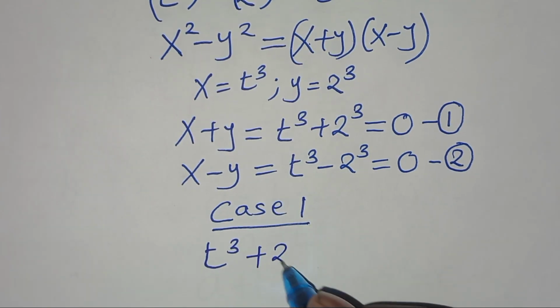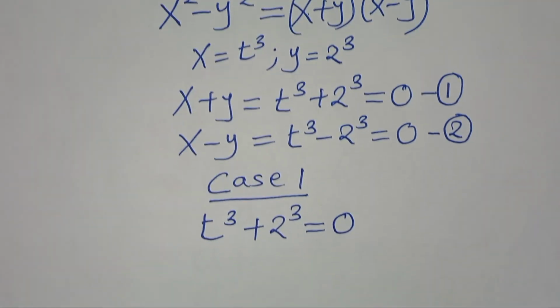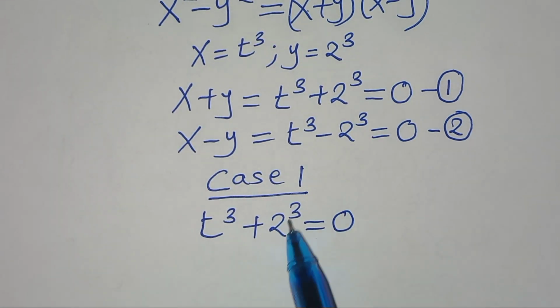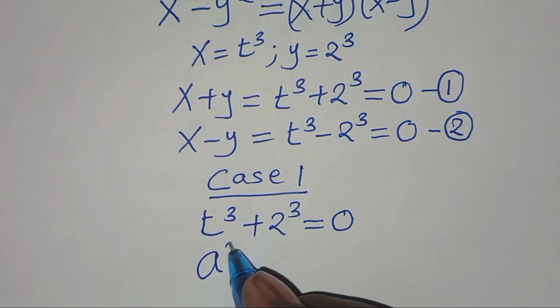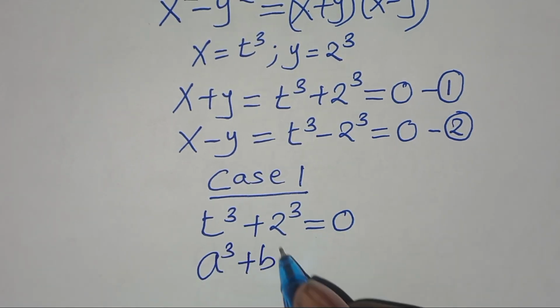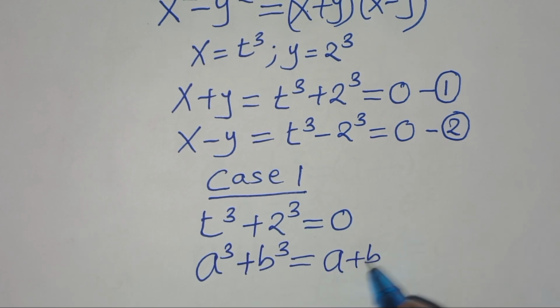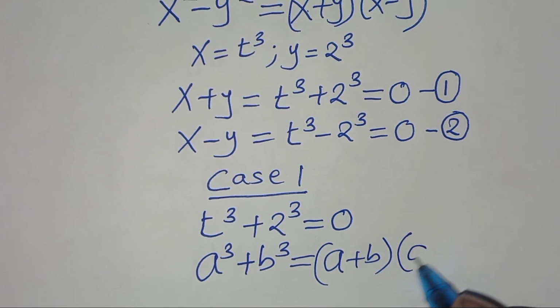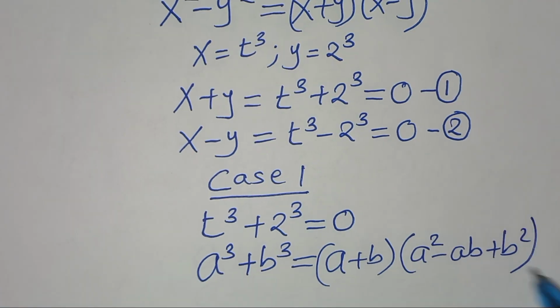plus 2 to the power 3. This is equal to 0. Now, t to the power 3 plus 2 to the power 3, this is actually in the form of a to the power 3 plus b to the power 3, which we can express as a plus b, then here a squared minus a times b plus b squared.